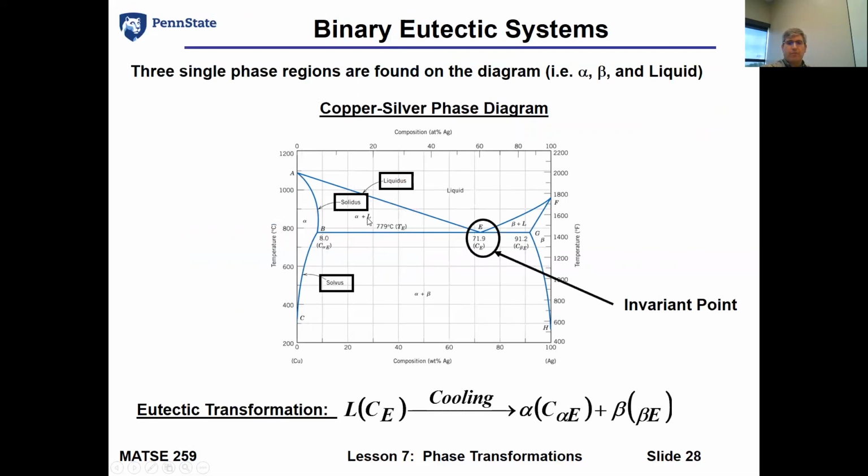And so as we form more solid, the liquid becomes richer in silver until it reaches this eutectic point. At this point, the composition of the liquid matches the eutectic. So if we were to go just to 778.999 degrees C, we would have whatever solid we formed here, this alpha phase, and then at this point, all of the liquid that's remaining transforms directly to alpha plus beta. We're going to see that that has a very unique microstructure to it.